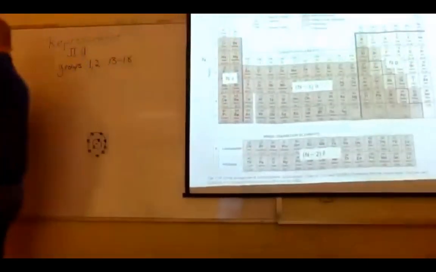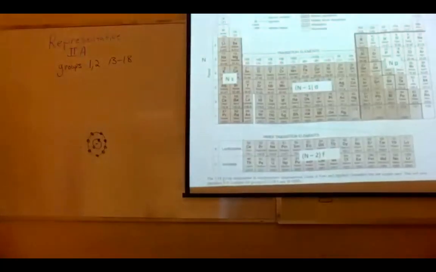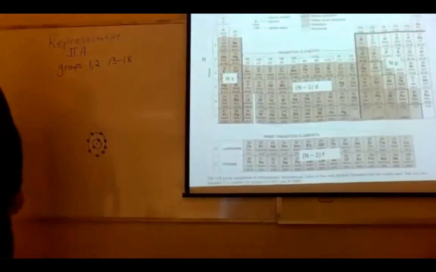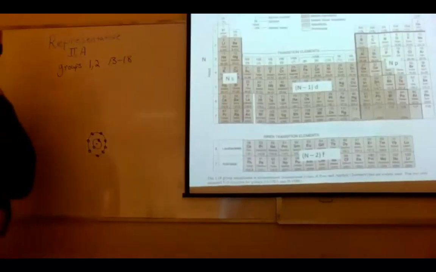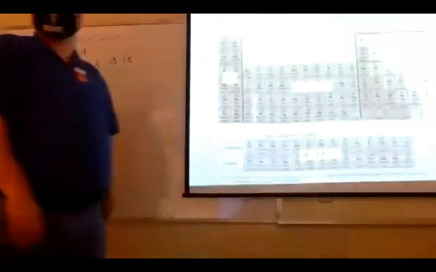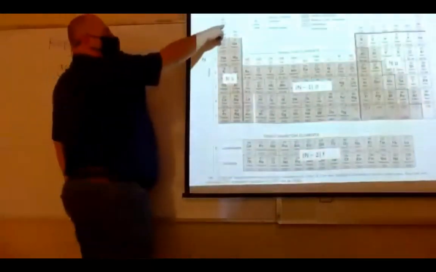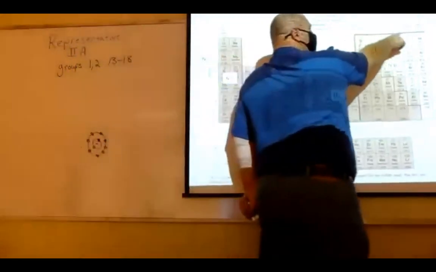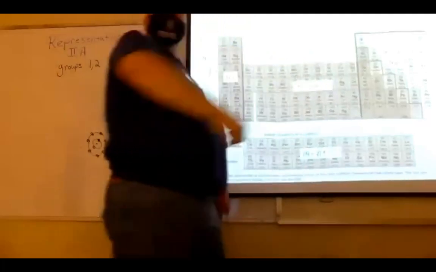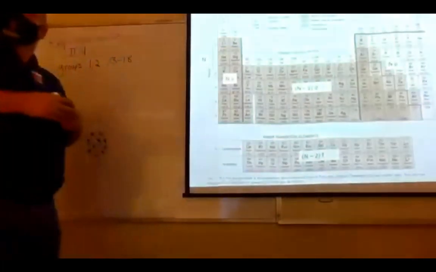They were the ones the rules worked for. 1 and 2 came from, of course, 1 and 2, and then these 13 through 18.